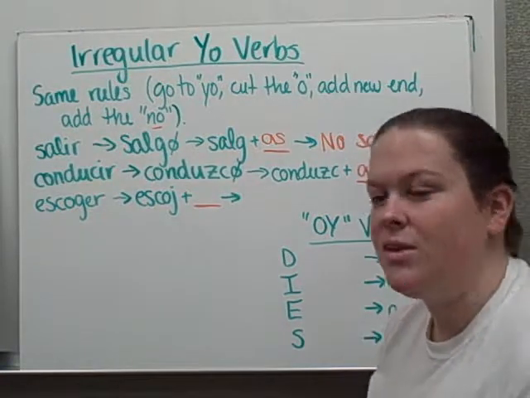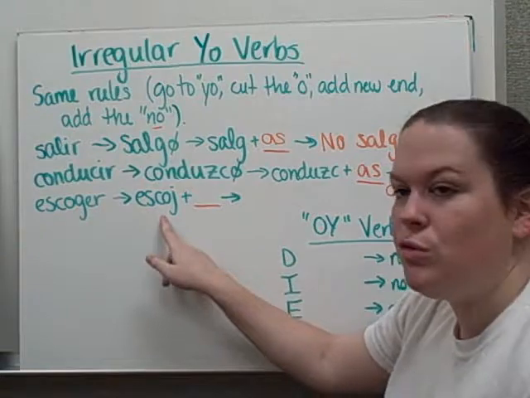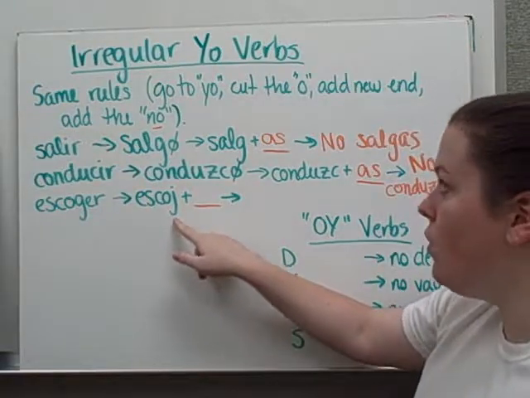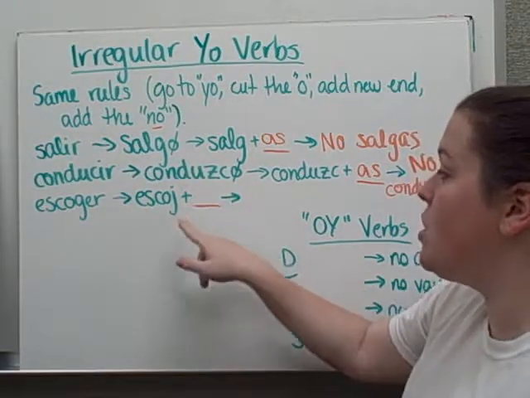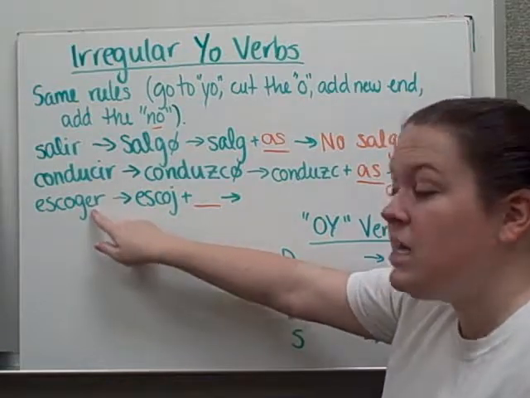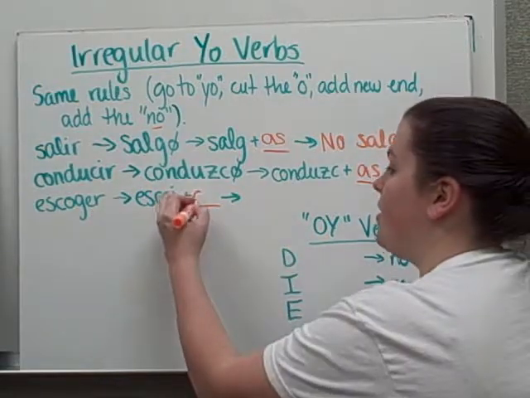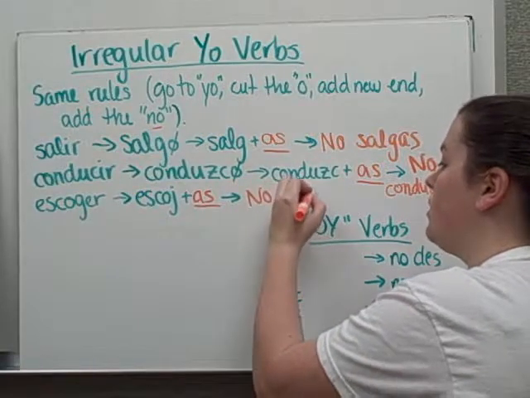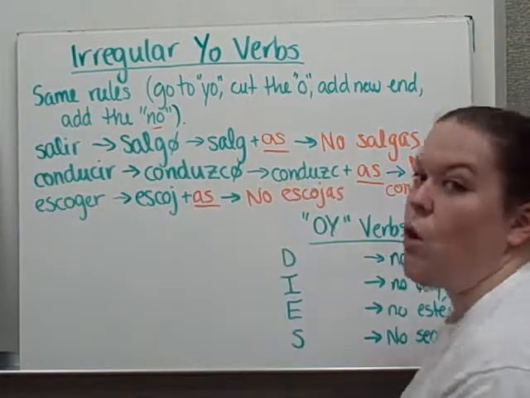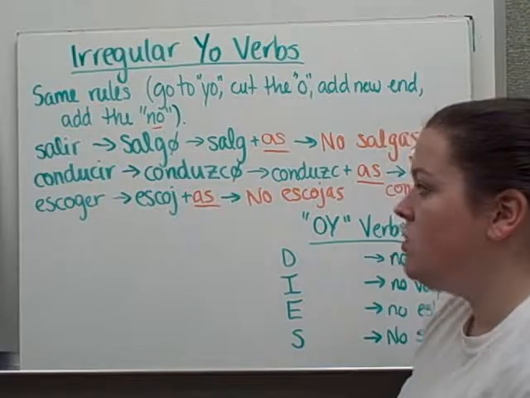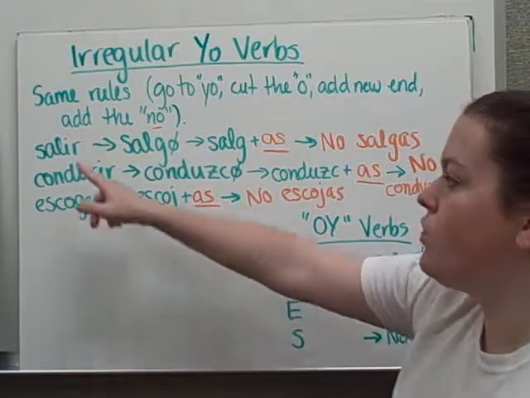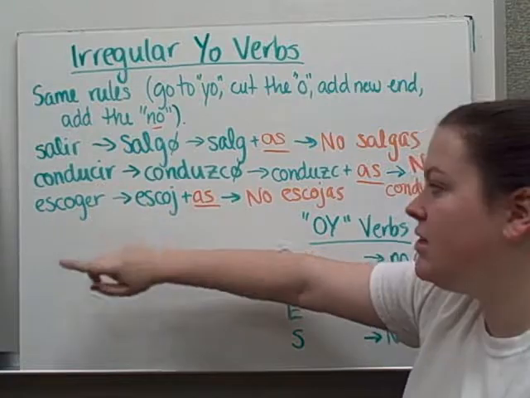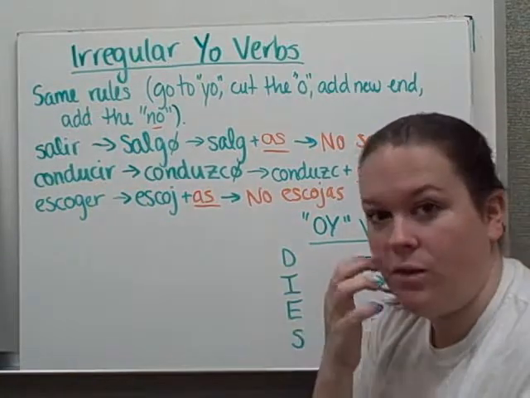And escoger is a little weird just because the G goes to a J. So escojo, we already went to the yo and cut off the O. Since it's an ER verb, we're going to add AS, and it will go to no escojas. So you can see you have go verbs, verbs that add Z's, and just overall irregular verbs only in the yo form.